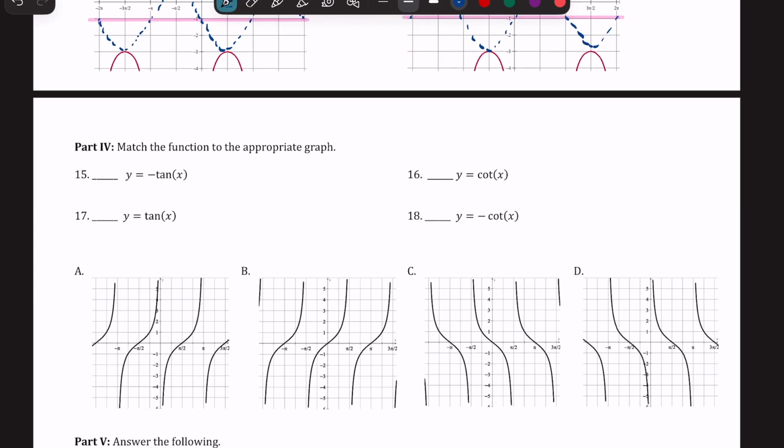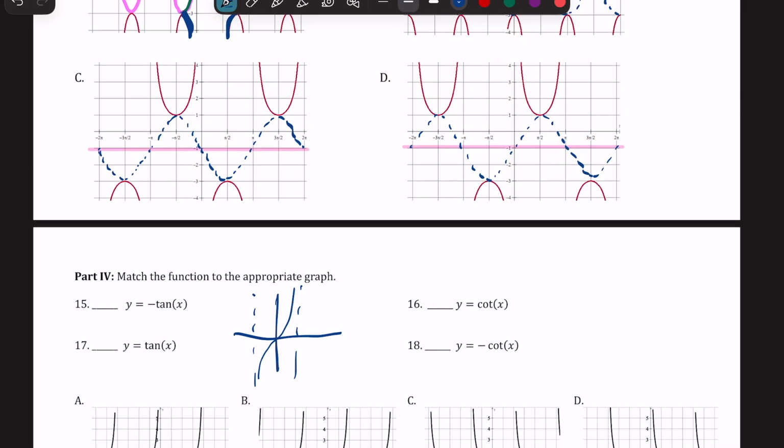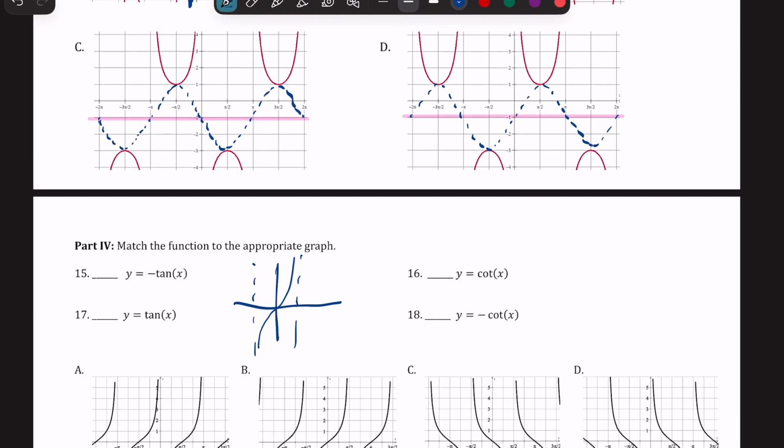All right. Now, all I have to know here is your basic tangent graph. So tangent, if I remember, it looks like this. And anytime cosine is 0, like secant, it will have a vertical asymptote.